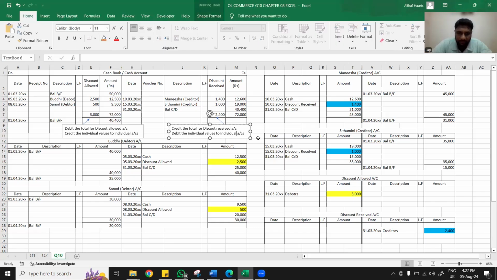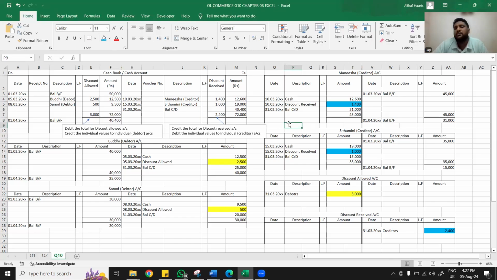Here individual credit accounts, here individual debit accounts. So if you all are done, let me know in the chat box. Then we can move to the next question.